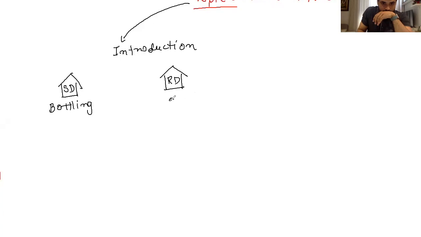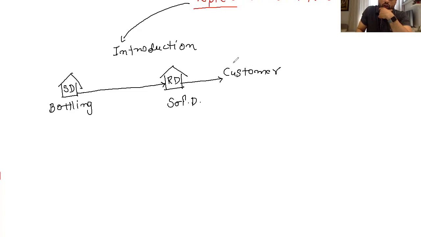And the receiving division is soft drink. The supplying division supplies bottles to the soft drink department, and then the soft drink department fills them and sells to the customer. Of course, the customer is a person outside the company.